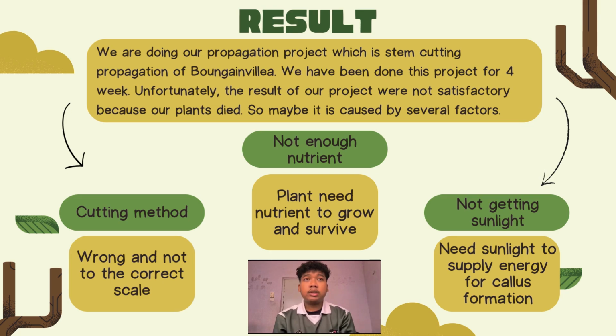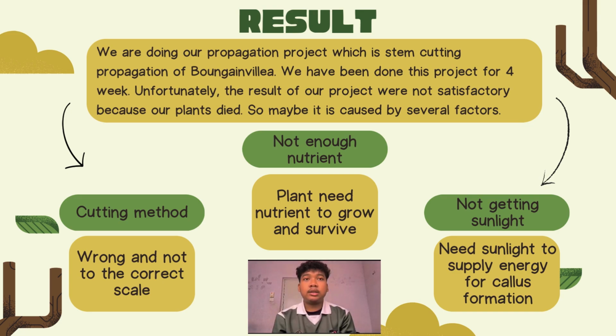So maybe it was caused by several factors. The first one is the cutting method. I think we cut at the wrong angle, not the correct one, so that's why our plant maybe died. The second one is not enough nutrients.